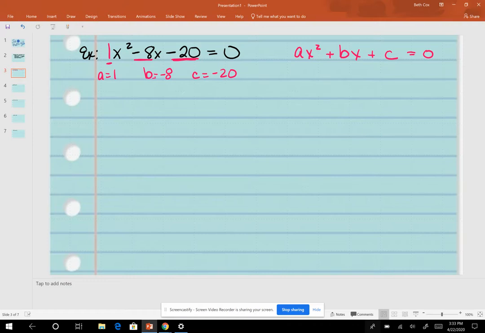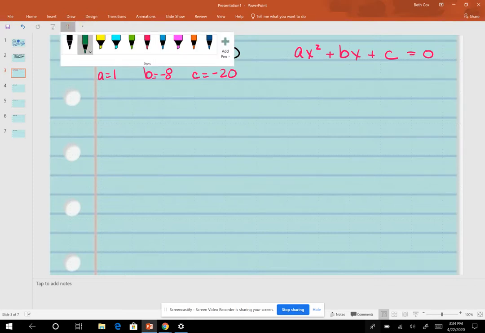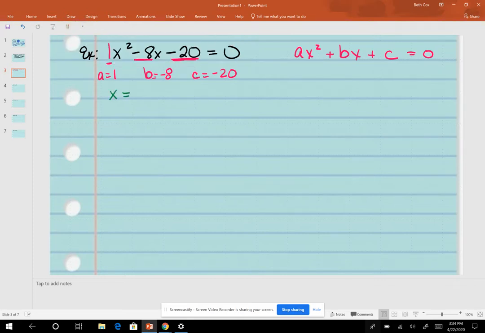Okay, now we're going to take these three numbers and put them into our formula. The formula does not have an x in it, so we are not going to put any x's in there. We're just going to put the numbers that we have into our formula. So we start out with x equals, and the formula says negative b.